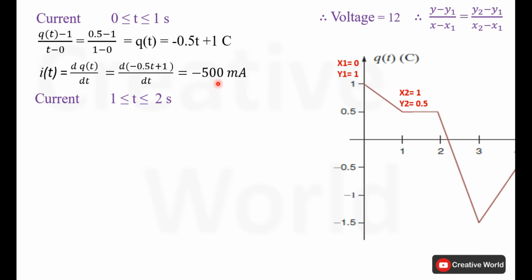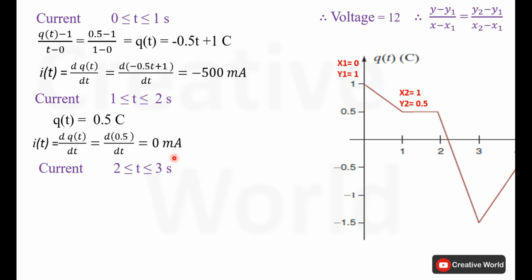Similarly, for the current between 1 and 2 seconds, the charge is not changing, it is constant at 0.5 coulomb. As we know, the derivative of a constant is 0, so between 1 and 2 seconds the current will be 0 milliampere.